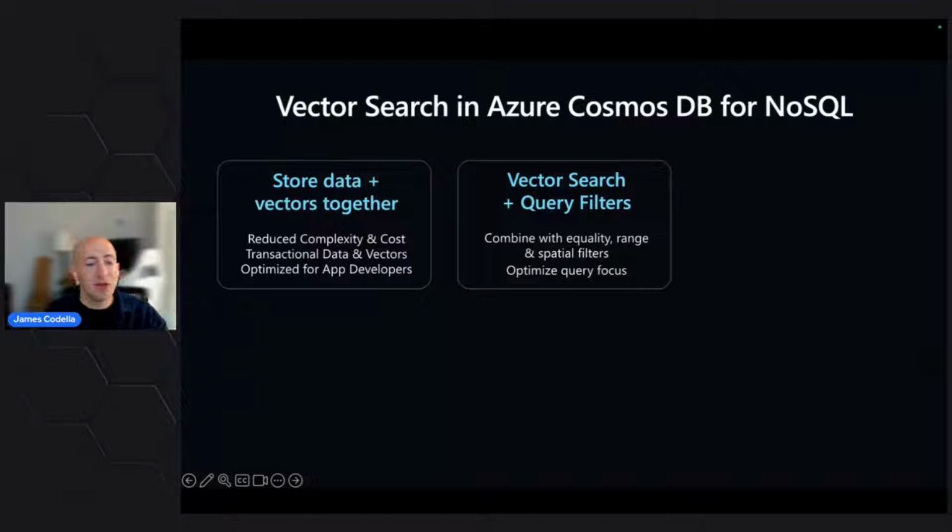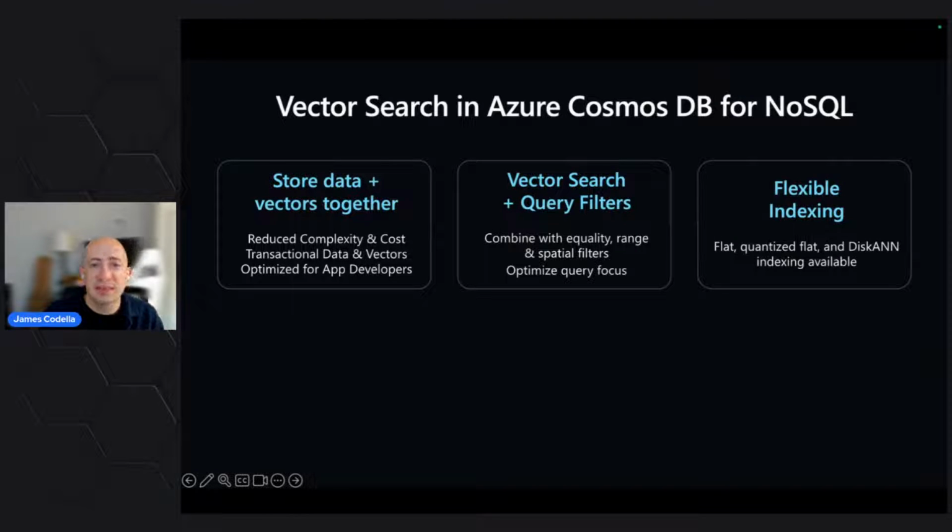So if I have where clauses for range comparisons or inequalities or string matching or even geospatial filters, I can use all of the great functionality of Cosmos DB's query filters in conjunction with vector search to create very powerful and targeted vector search queries. So lots and lots of goodness that you get there.